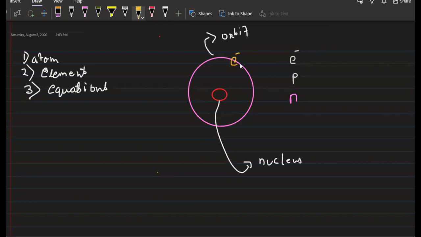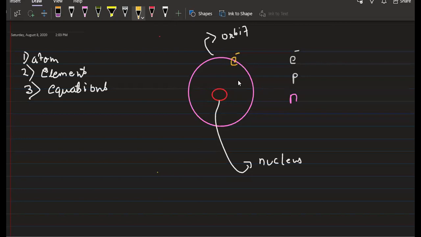In the same way, we have a nucleus in an atom, which is the center of the atom, and then electrons revolve around the nucleus in a fixed orbit. Now your question should be, what is there inside the nucleus?